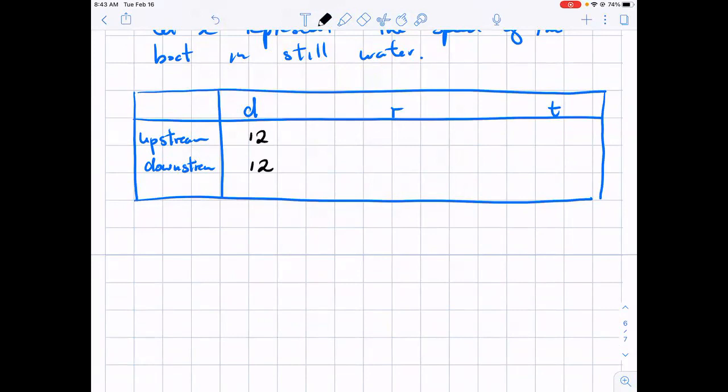Now, remember, if you're going with the current, you add, and if you're going against the current, you subtract. So if I'm going upstream, I have to subtract, and if I'm going downstream, I have to add.